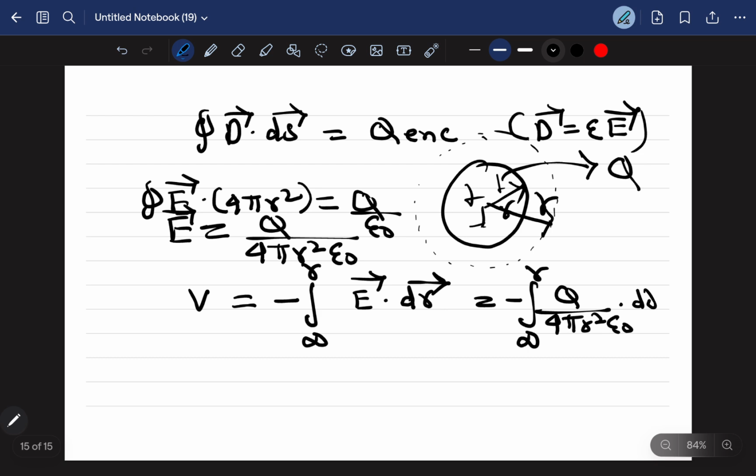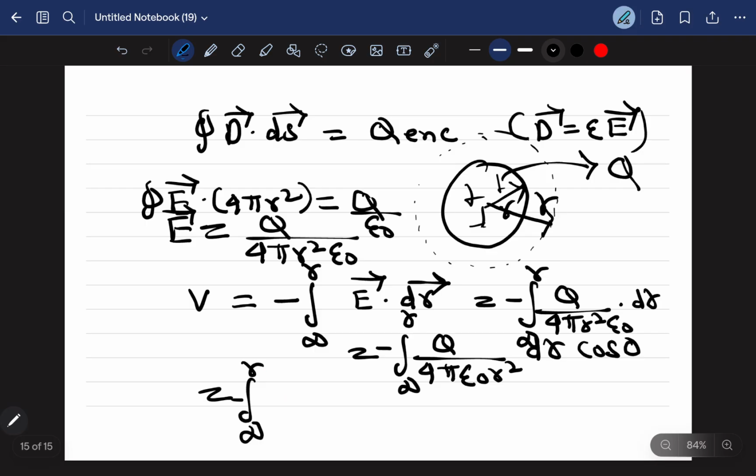The electric field and the small displacement dr are in the same direction, so dot dr means cos theta, and cos theta is cos 0, which is 1. So we can get this expression.